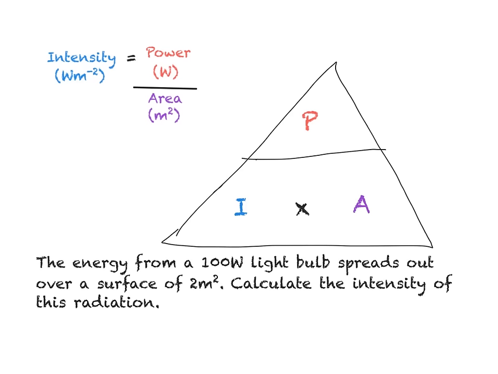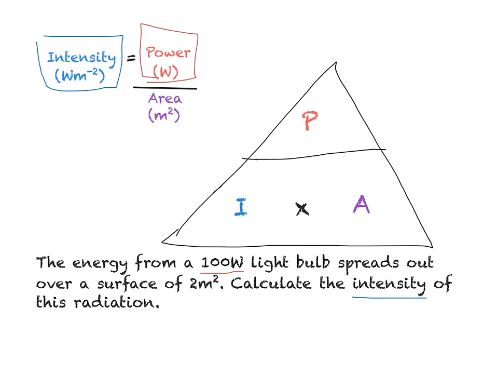The first thing we need to do is work out what the question is asking us for. In this case, it is asking for the intensity. Therefore, we know that the answer will be in watts per meter squared. With this in mind, we know that we will need to find both the power and the area. From the question, we have the power of 100 watts, which is already in watts for us, so we do not need to convert it.